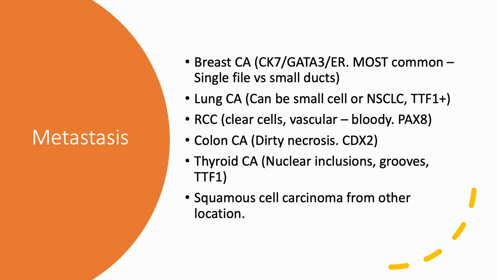But I just want to point out one thing: when breast carcinoma metastasizes to the skin, if you only stain with CK7, GATA3, and ER, they can be positive, but it won't be very helpful because skin sweat duct tumors can stain positive for those three as well.